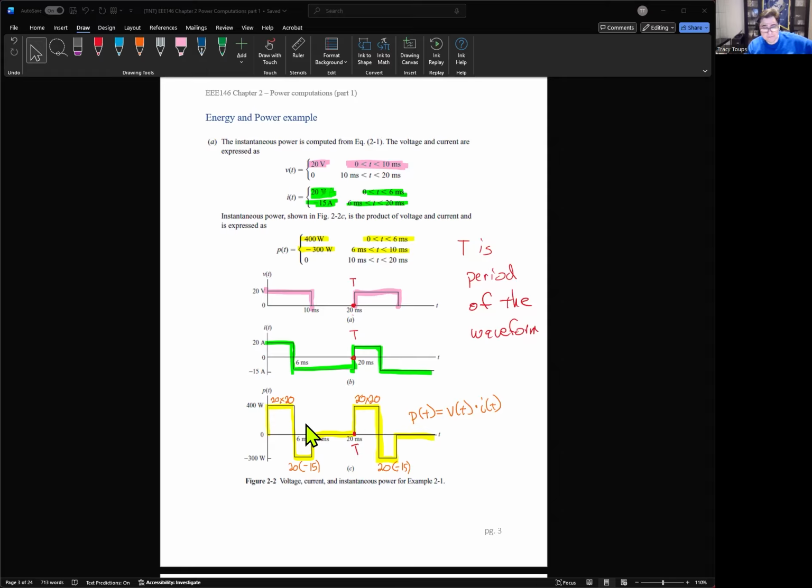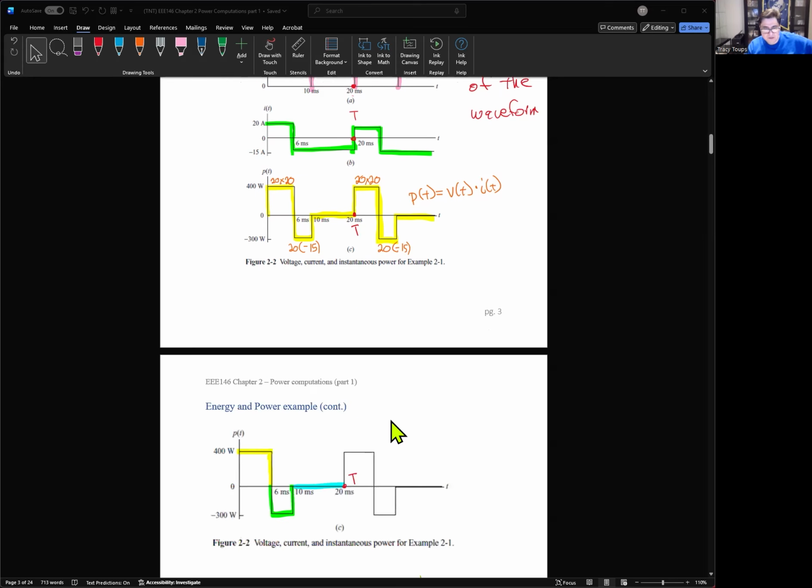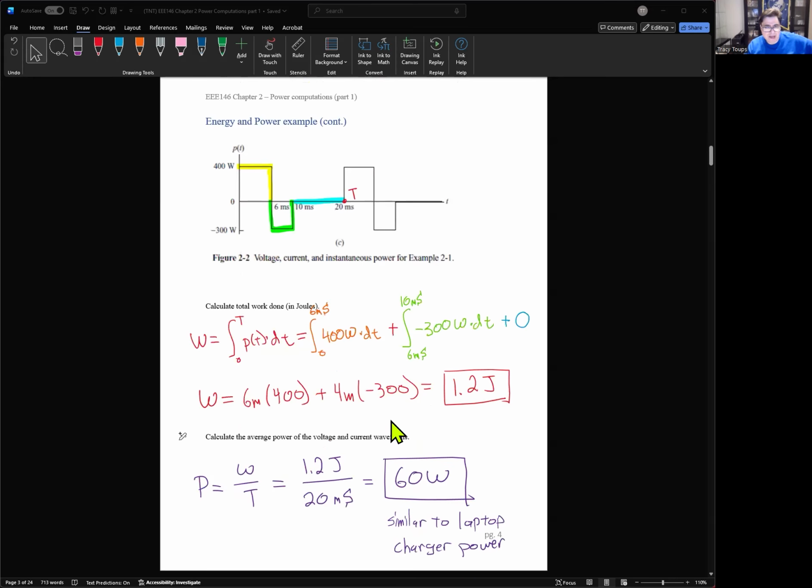Okay. So we have instantaneous power as a graph here. We can now talk about calculating total work done, the energy of the circuit, and the power of the circuit. First, let's talk about total work done, and let's calculate it in joules. Notice I have 3 different phases of this waveform up until it repeats itself, because instantaneous power is different for all 3 of these.